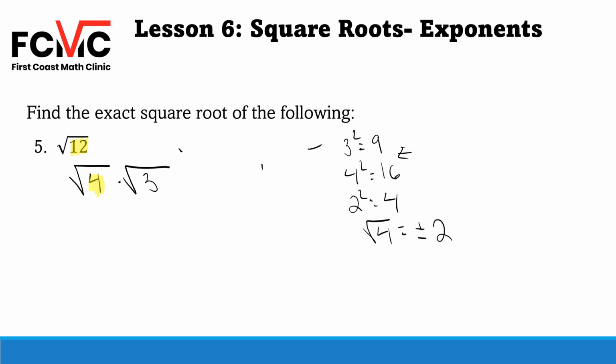So we can take the square root of this 4 and replace it with positive and negative 2. Now, square root of 3, not a perfect square. We can't factor it. Best we could do is 1 and 3. We can't do a whole lot with that, so we're just going to leave it the square root of 3. So our answer, the best we could do here, is positive and negative 2 times square root of 3, and that's going to be our exact square root.